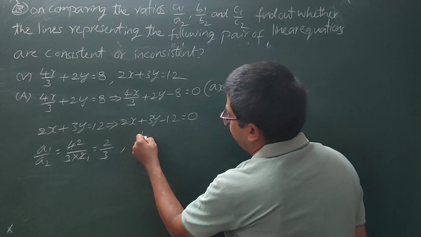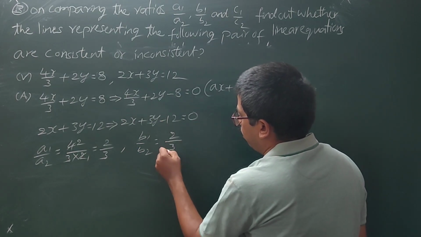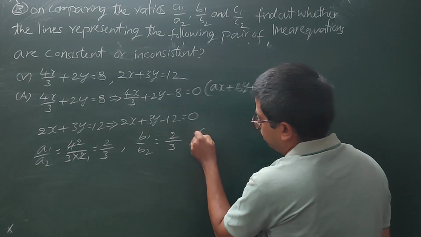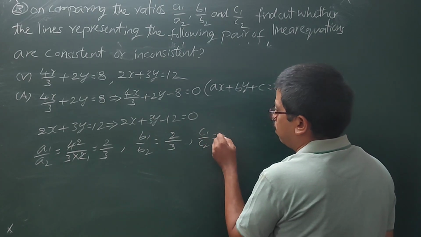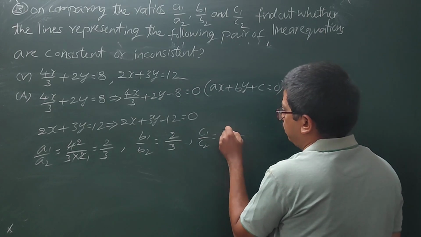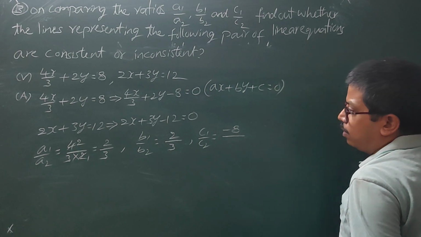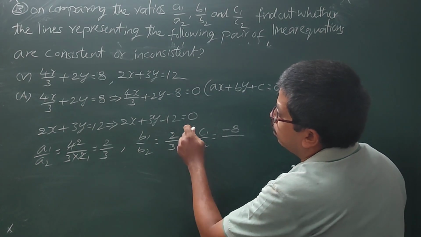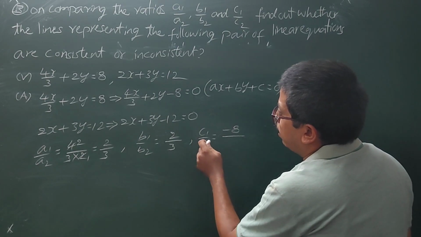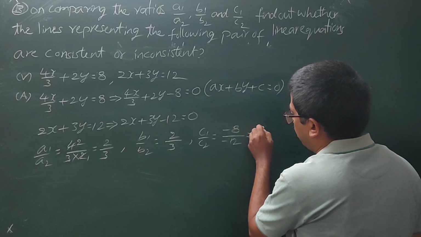Next b1 by b2, comparing the coefficients, is 2 by 3. c1 by c2 equal to minus 8 by minus 12, which becomes 2 by 3.